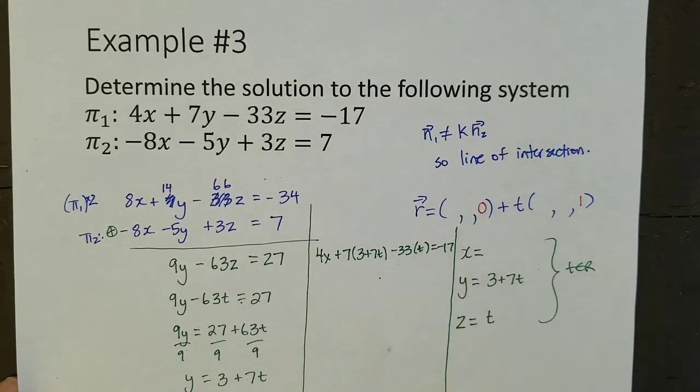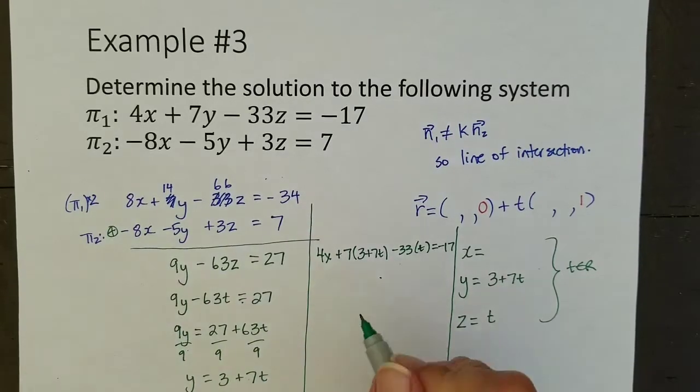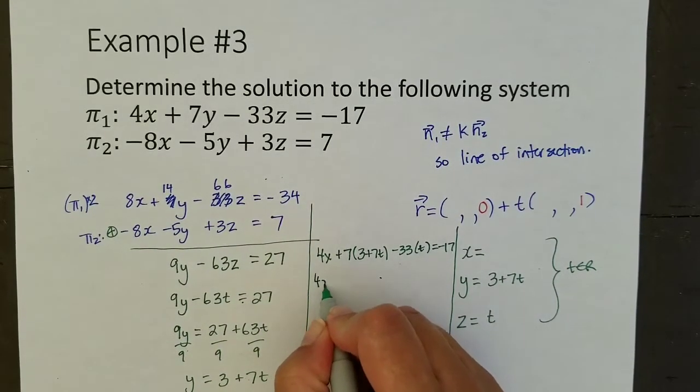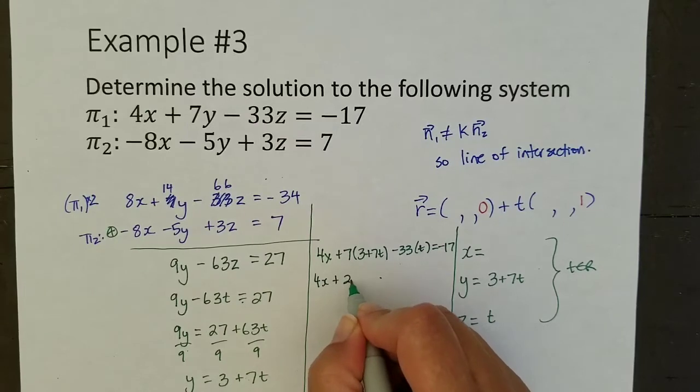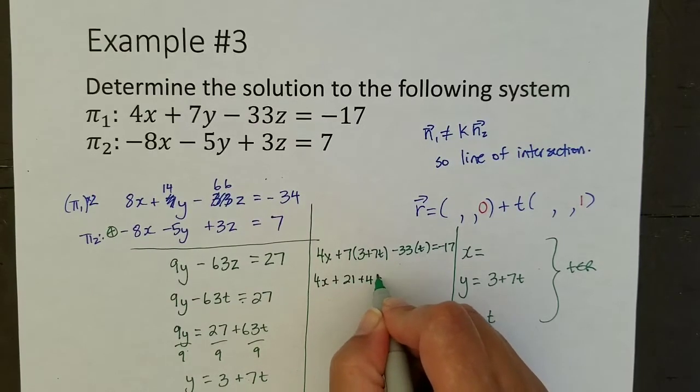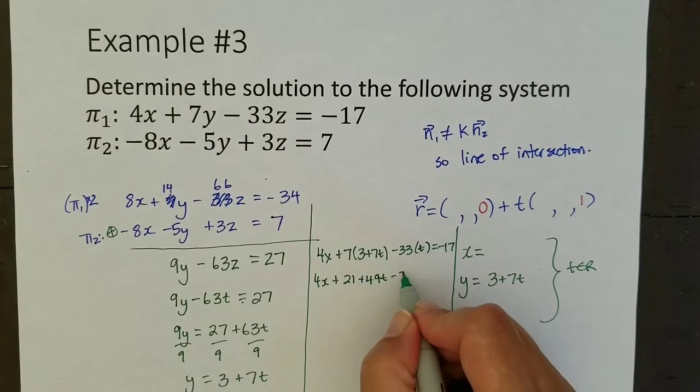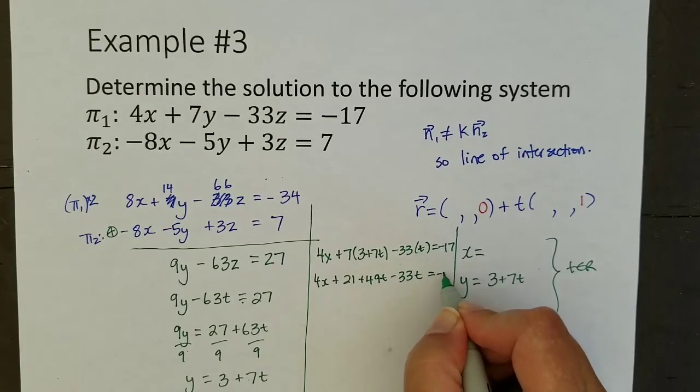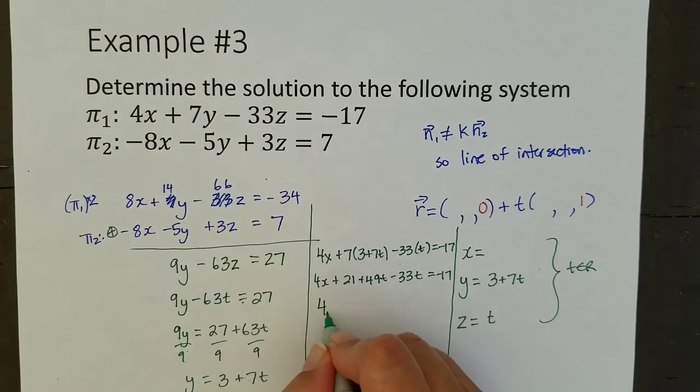Again, I'll draw a line to keep that separate. So now I get 4x minus 21 plus 49t minus 33t equals negative 17.